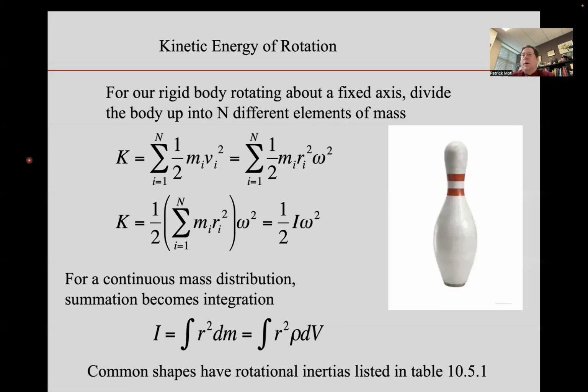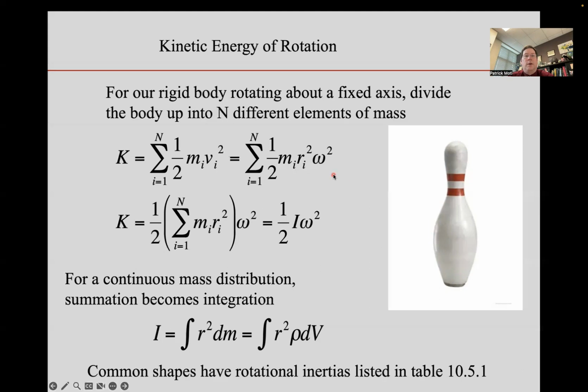And we can think about it in terms of kinetic energy. So the kinetic energy of an object that is just rotating about a fixed axis. I take our bowling pin, and we want to rotate it about an axis along its axis of symmetry, say.